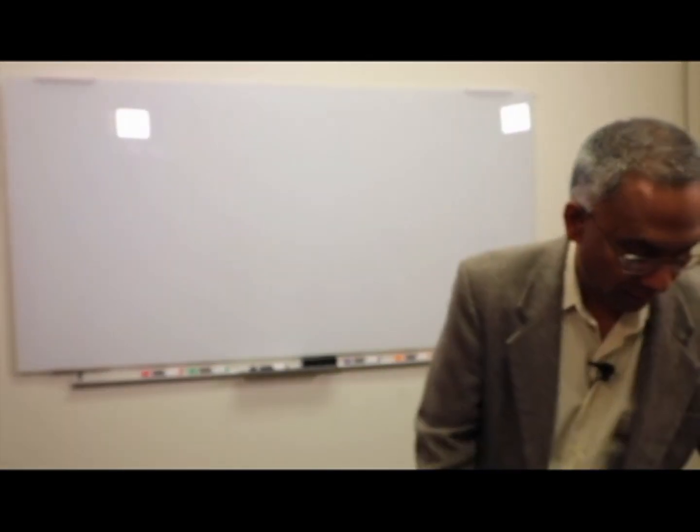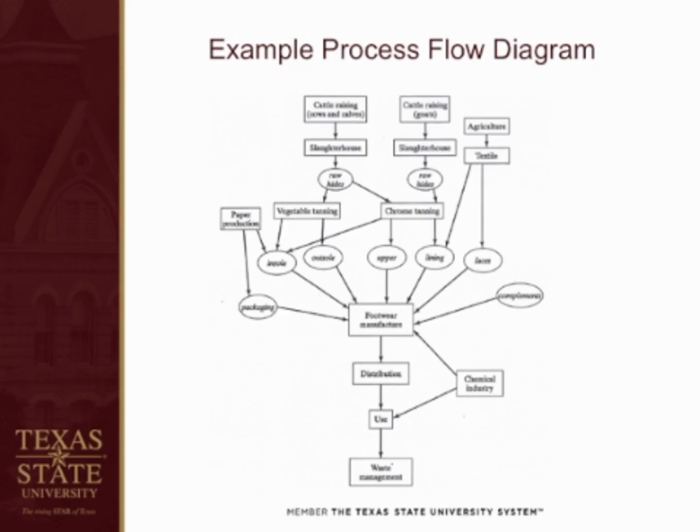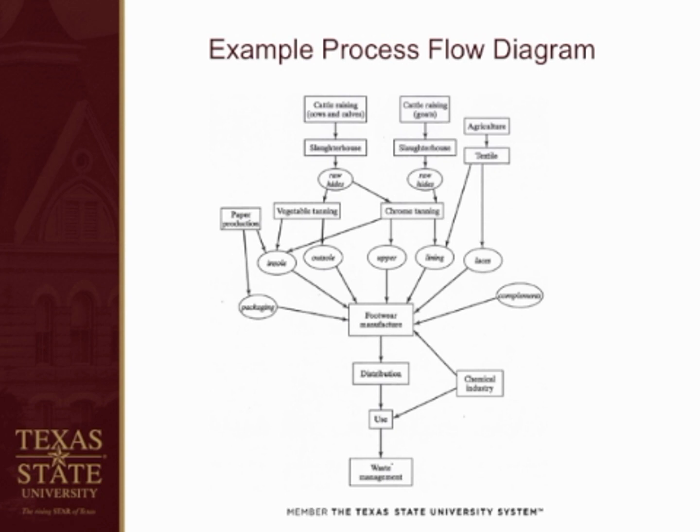As an example, we have here a process of making footwear, leather footwear. So you've got these boxes, and then you have these lines with arrowheads. The first box here is cattle raising. In this case, they're getting hides from cows and from goats. You also have the lace for the footwear, so that comes from agriculture and textiles.